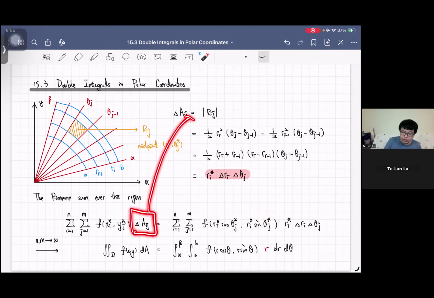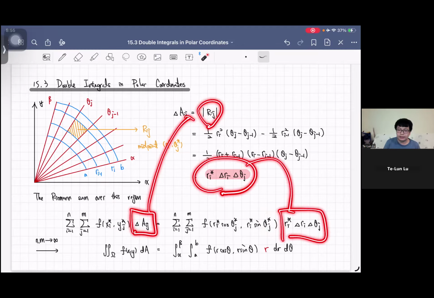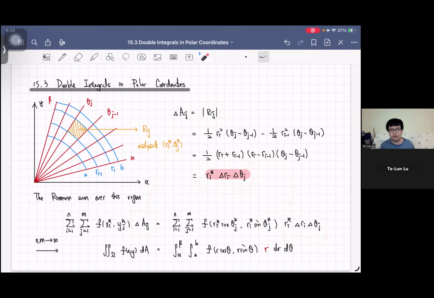The delta A_ij, the area for this fine region, is given by this, right? So you have r_i star, delta r_i, and delta theta_j. If we take n and m, the partition numbers of this fine region, to infinity, then the mesh converges to 0.